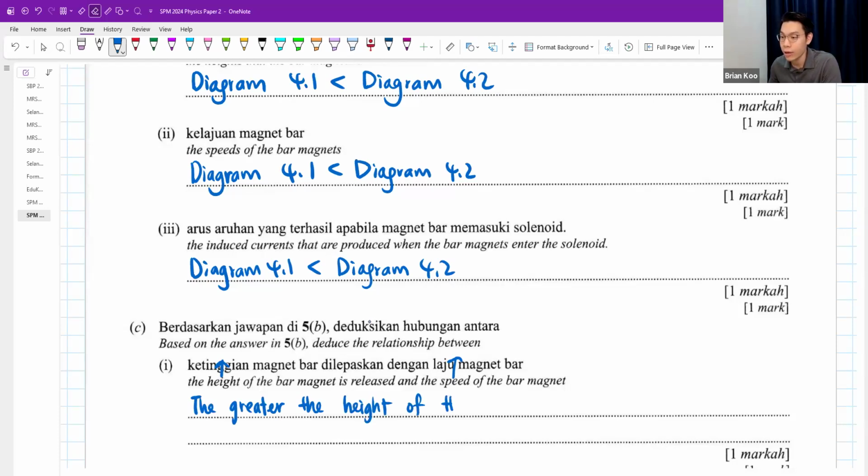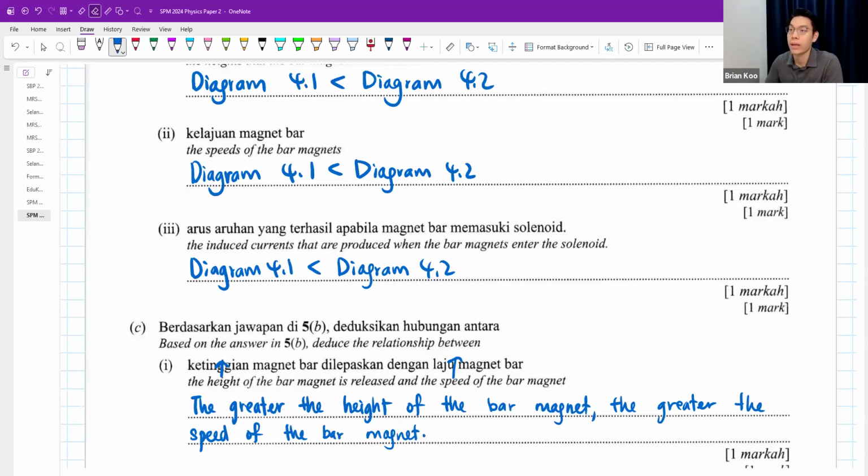The greater the height of the bar magnet, the greater the speed of the bar magnet.